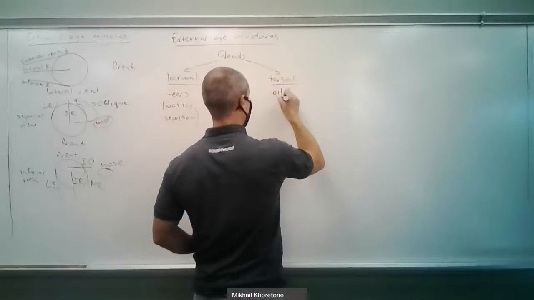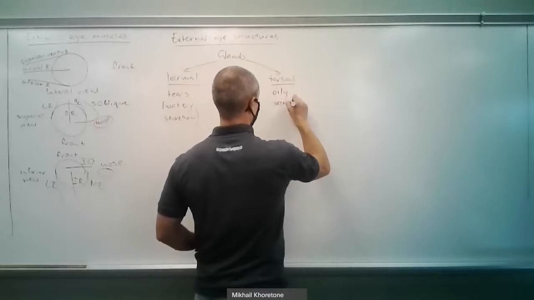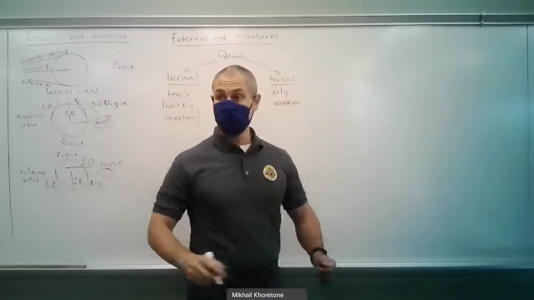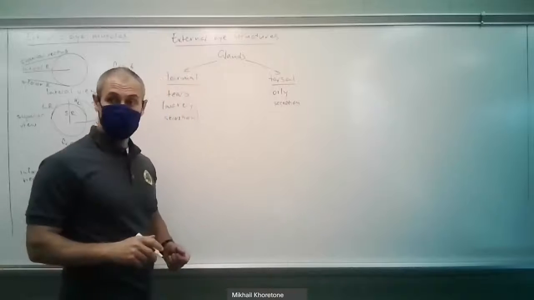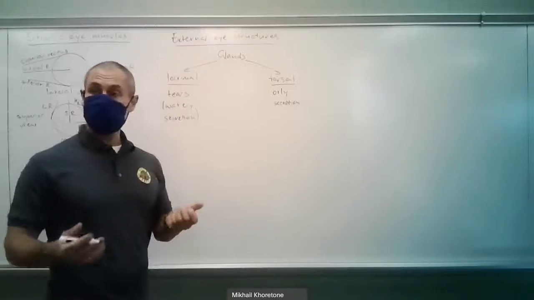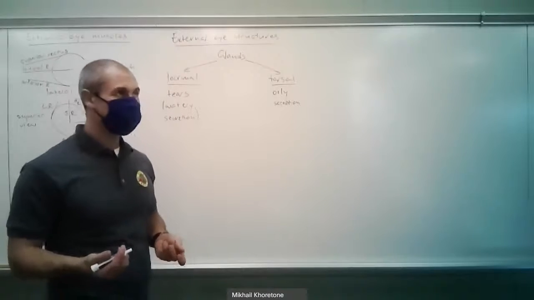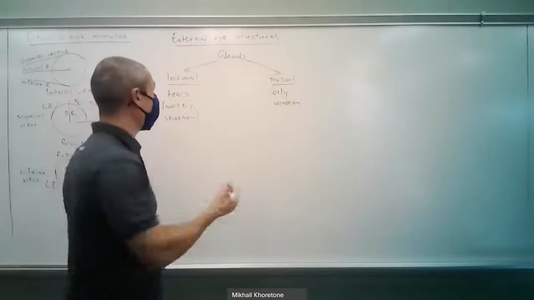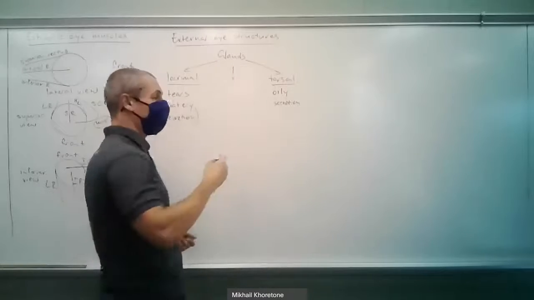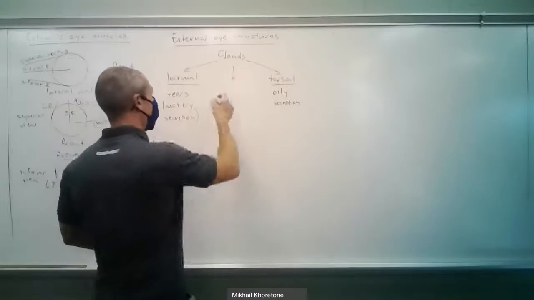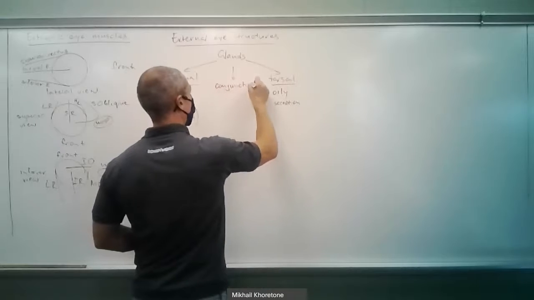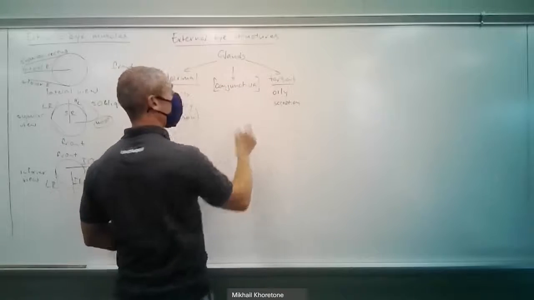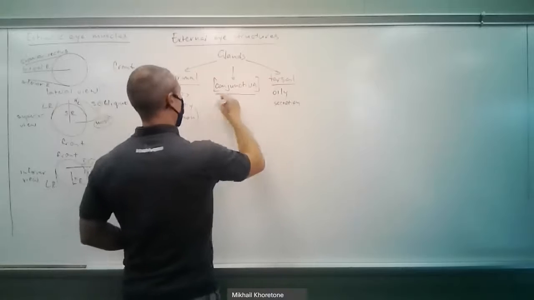They are in your eyelids, in your palpebrae. And finally, this is kind of weird. I'm going to put it as a gland, although it's not, well, kind of is: conjunctiva. It's not exactly a gland, so I'm going to put it in parentheses as a gland. It produces mucus secretion.